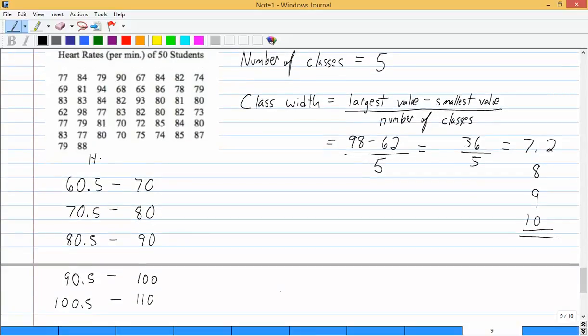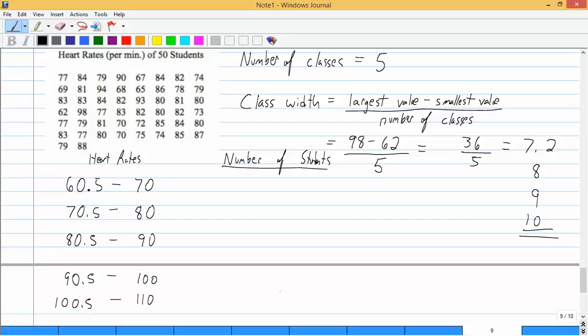And this is heart rates. So now what we have to do is tally the number of heart rates in each class. This is going to be the number of students.